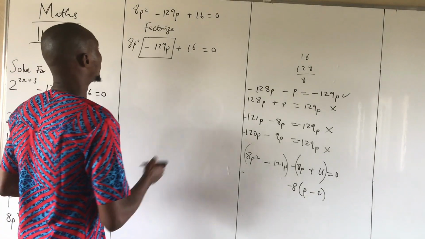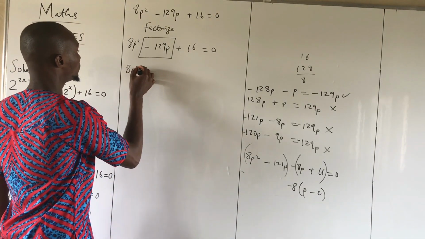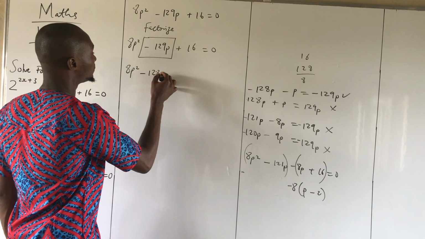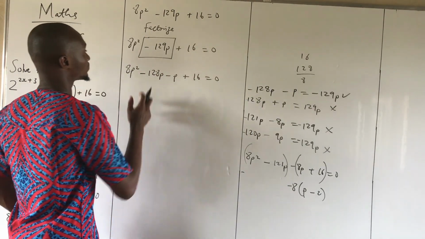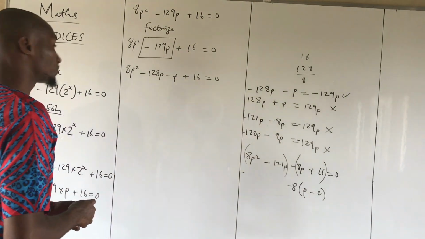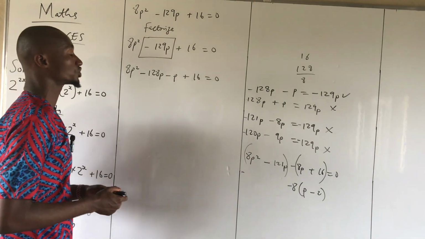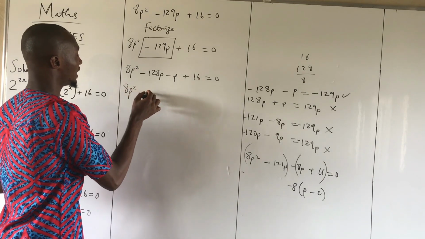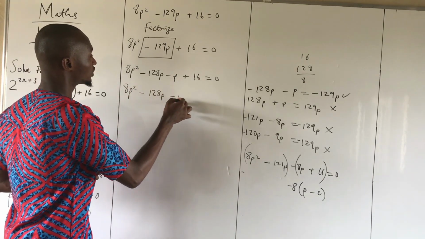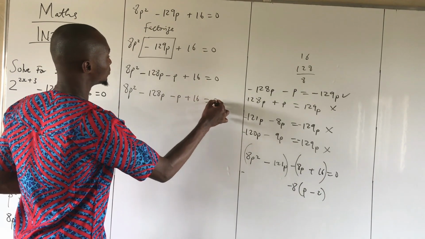So here, we're going to do 8p square minus 128p minus p plus 16 equal to 0, because minus 128p minus p will give us minus 129p.